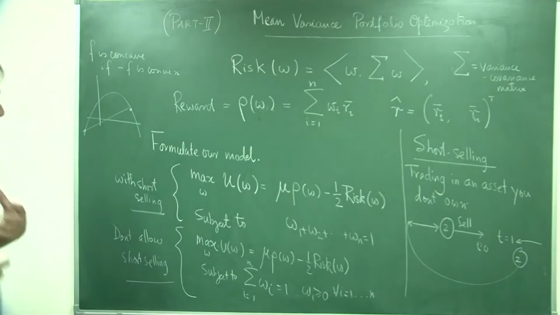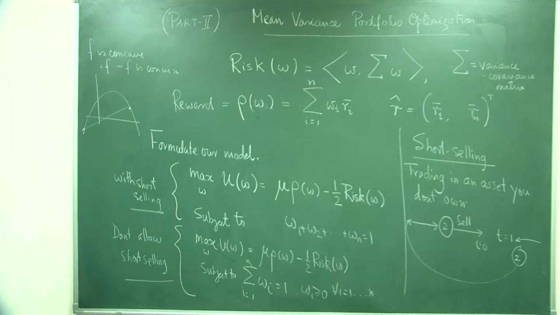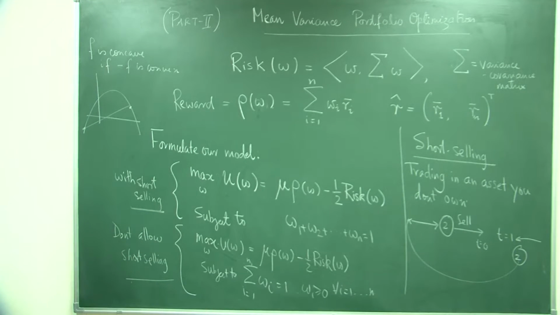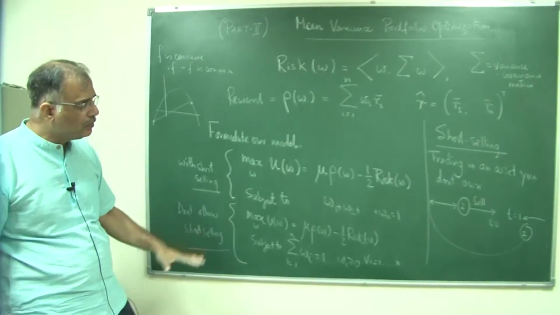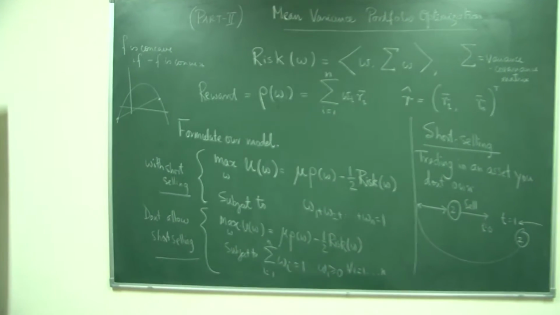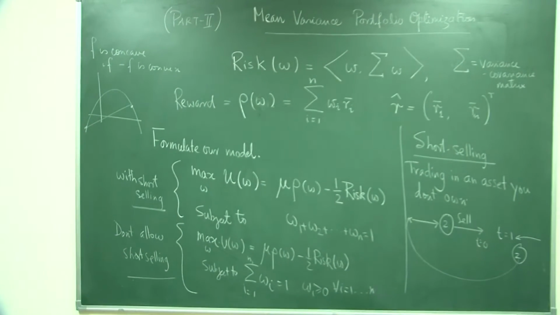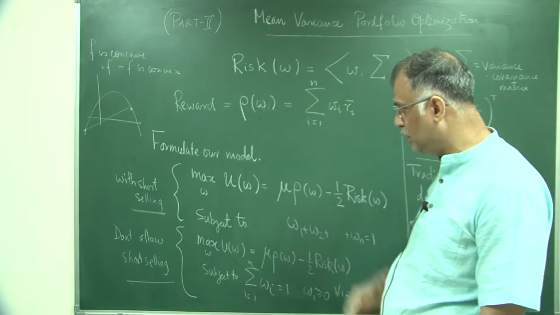So when you maximize a concave function over a convex set, you always have a global maximizer. So this is one form of the utility, one form of the portfolio minimization problem, using variance as the risk and the expected return as the reward.